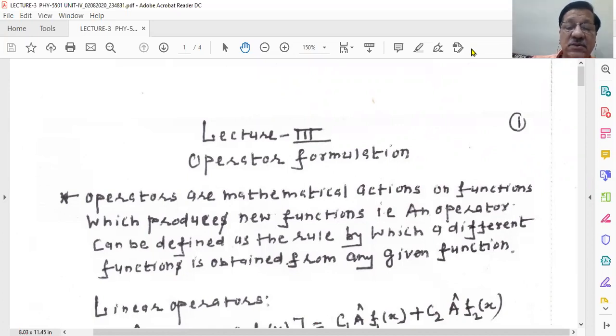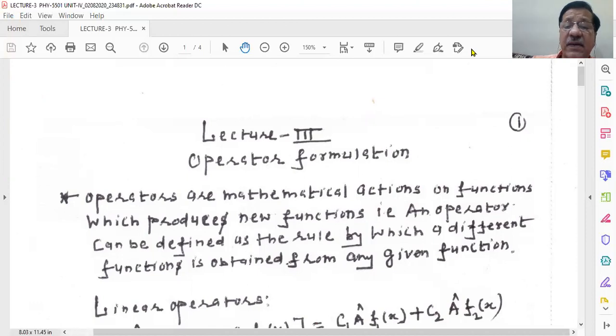Friends, in lecture number two, I gave you the outline about operators and I explained what linear operators are. I said that linear operators are very important in quantum mechanics.